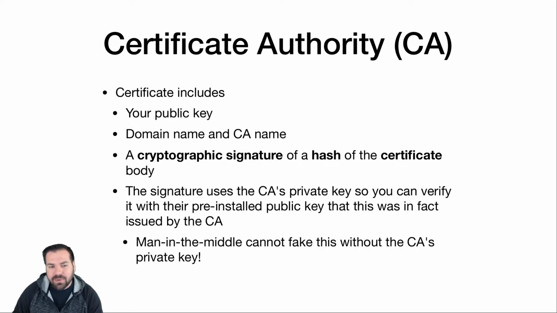So if anybody wants to tamper with a certificate and forge one of these certificates, what they have to do is break cryptography and hashing simultaneously, because we have a cryptographically signed certificate and also a hash of that certificate. So if you decrypt, change it, and then re-encrypt it, the hash isn't going to match because you just changed the data. So there's several layers of security here. A lot of things that an attacker would have to break in order to forge one of these certificates.